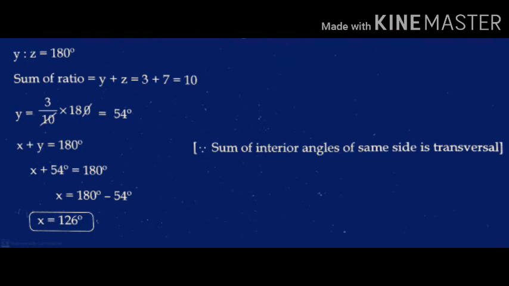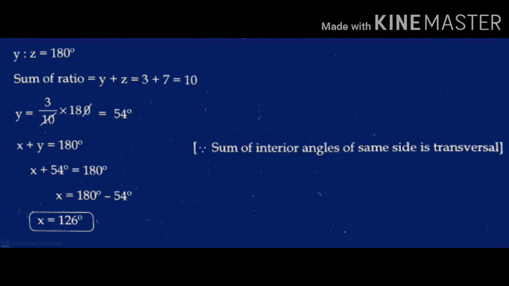The sum of the ratio is 3 plus 7 is equal to 10. Therefore, Y is equal to 3 by 10 into 180 degrees. 10 means total parts. Cancelling the zeros, 18 threes are 54 degrees.